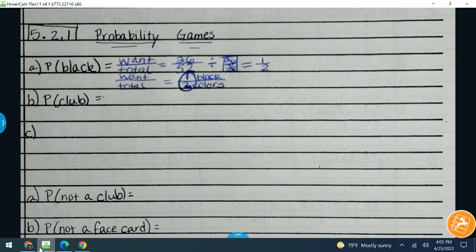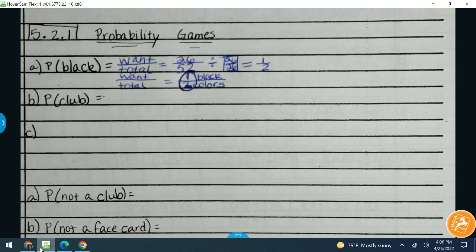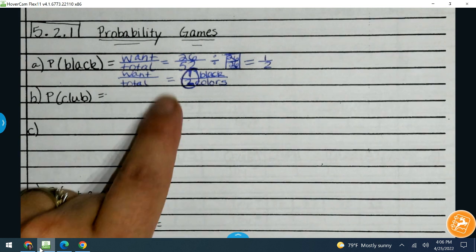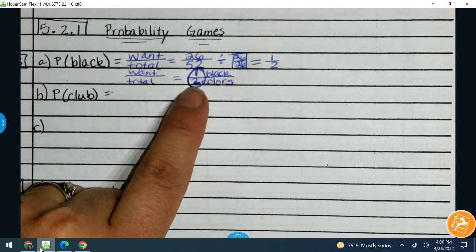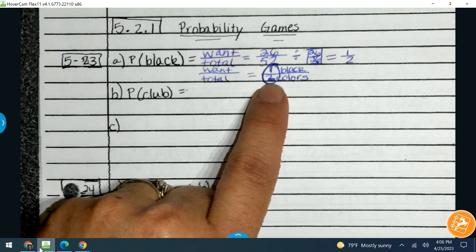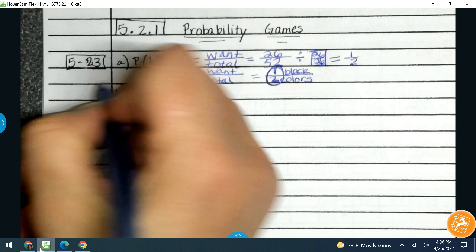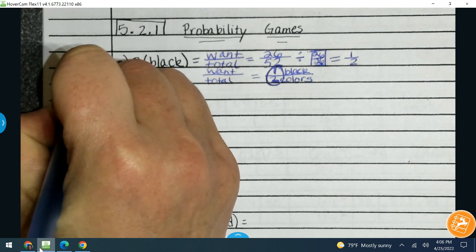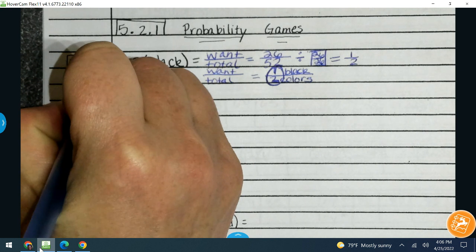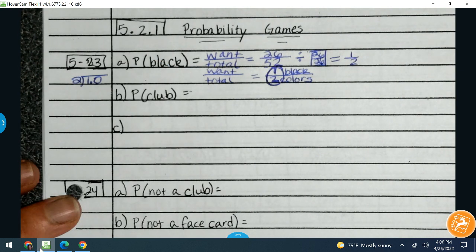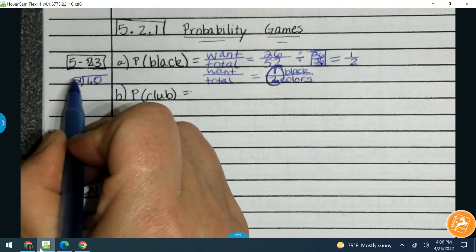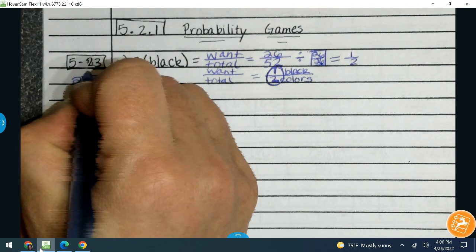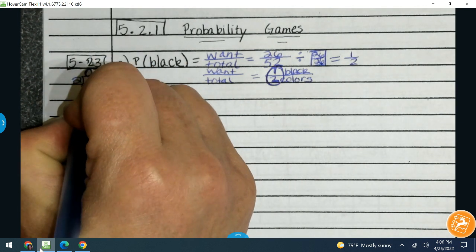But I have to have it as a decimal and as a percent. So I'm going to go over here in the margin, and because I know that a fraction really is division, I'm going to go ahead and divide that right over here. So I have 1 divided by 2. I have no 2's in 1, so that's going to be a 0. I'm going to subtract 0 from 1, and I get 1.